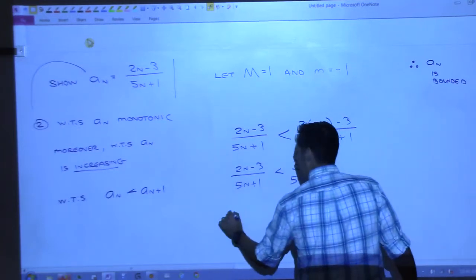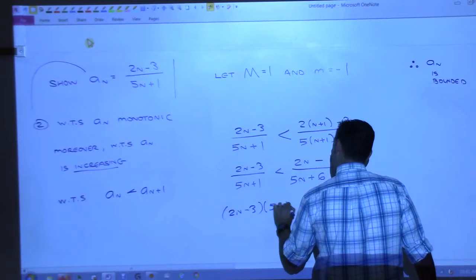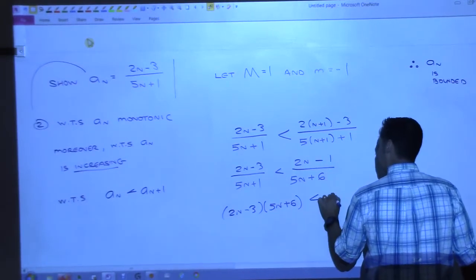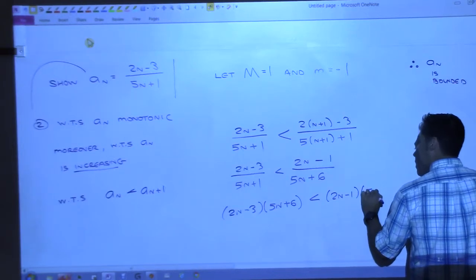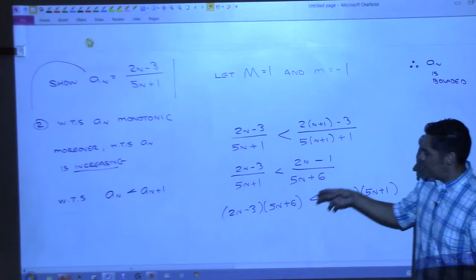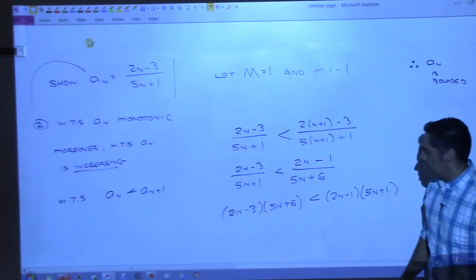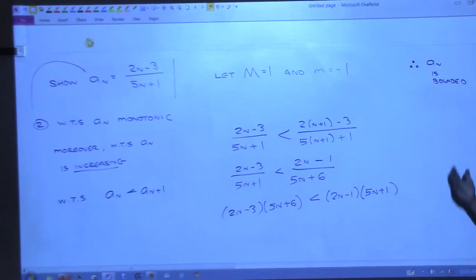I'm going to cross multiply. This is going to have the effect of clearing the fractions out. So I'm basically multiplying both sides of this inequality by the denominators. So multiplying this side by 5n plus 6, this side by 5n plus 6, and then this side by 5n plus 1, and this side by 5n plus 1, and basically all the fractions go away. And you have that, right? Now, distribute.